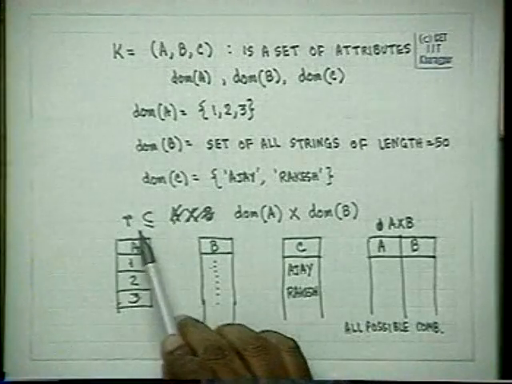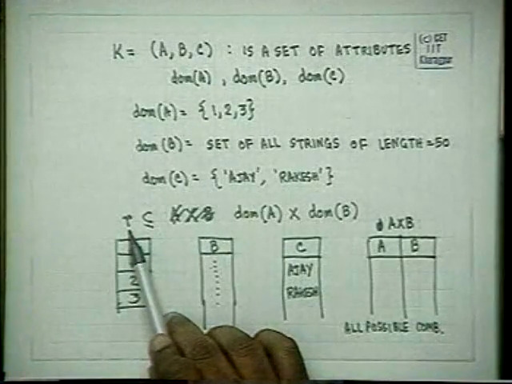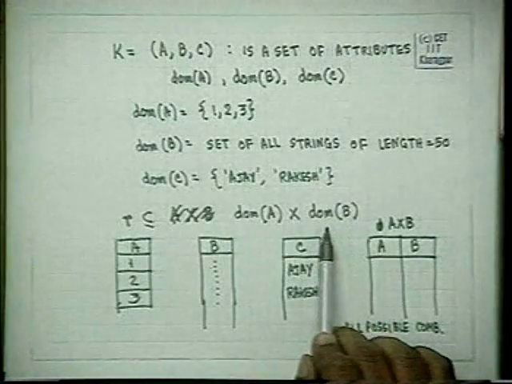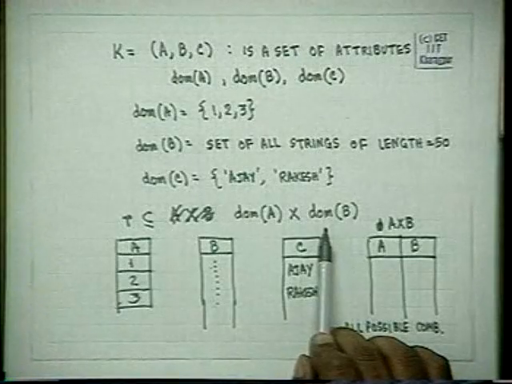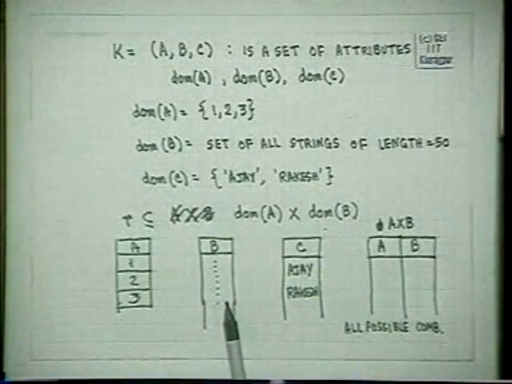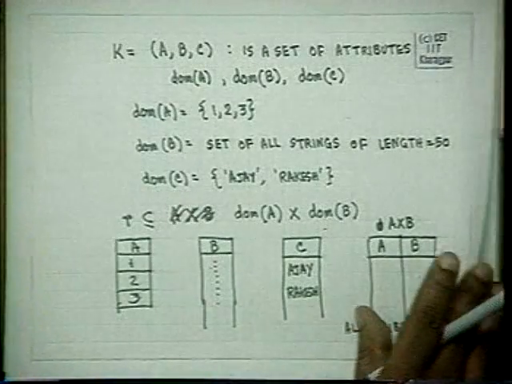Now a relation will be defined to be some subset of dom A cross dom B. It is not all the elements, but a subset of dom A cross dom B. Okay.